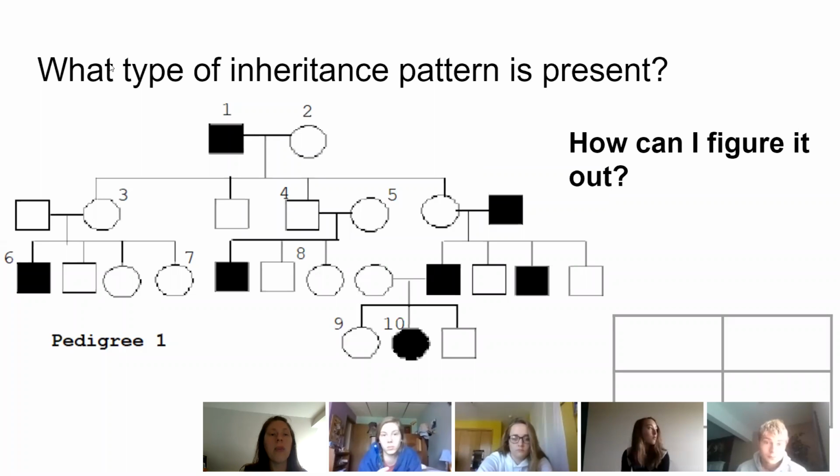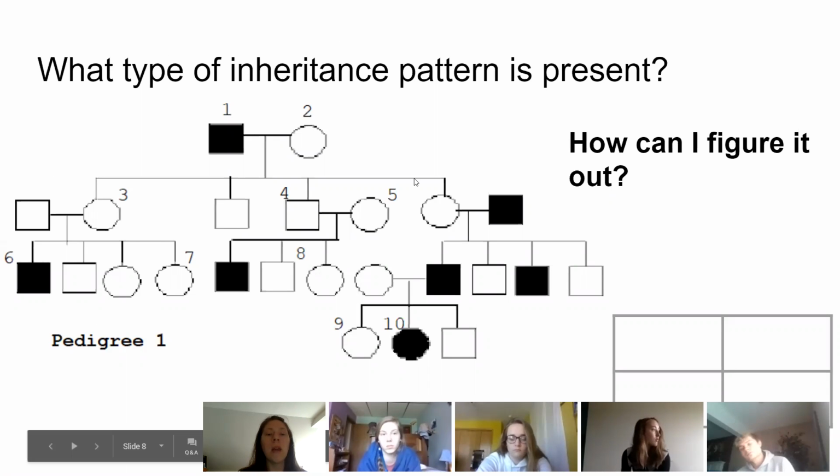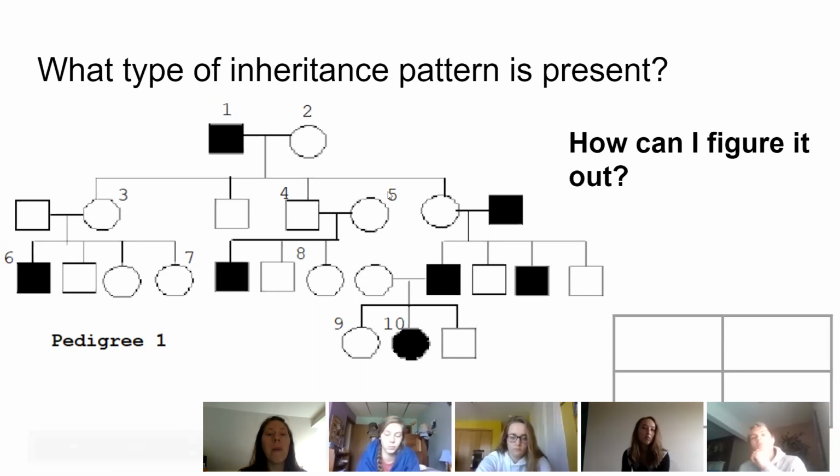If I look back at this one, this could easily be autosomal, so non-sex-linked, or I might be able to justify sex-linked. I just have to figure out, depending on the question, what might be going on.